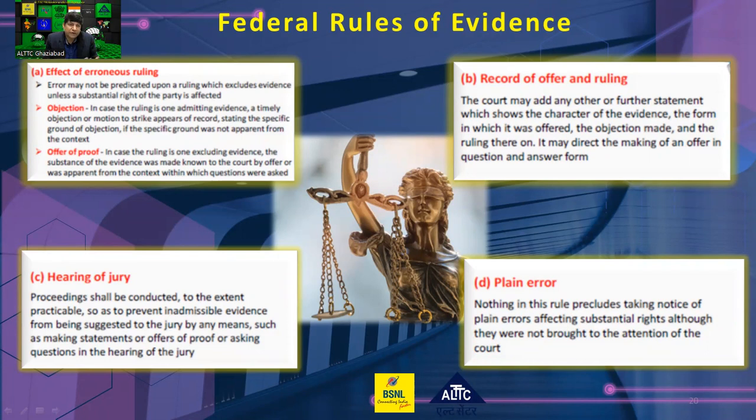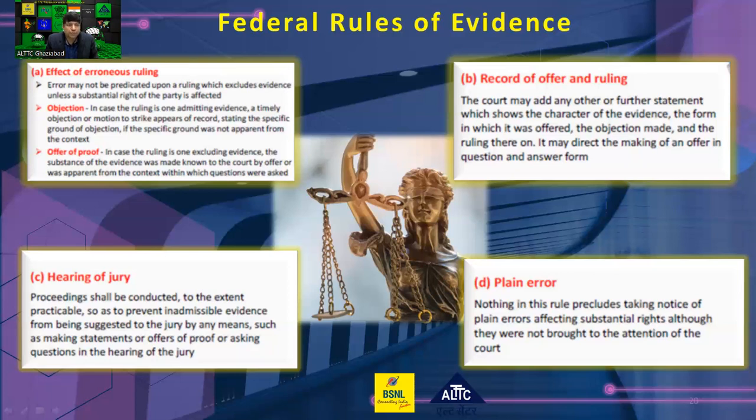In this federal rule, the first is the effect of erroneous ruling. Error may not be predicated upon a ruling which admits or excludes evidence unless a substantial right of the party is affected. Objection: in case the ruling is one admitting evidence, a timely objection or motion to strike appears of record, stating the specific ground of objection, if the specific ground was not apparent from the context.